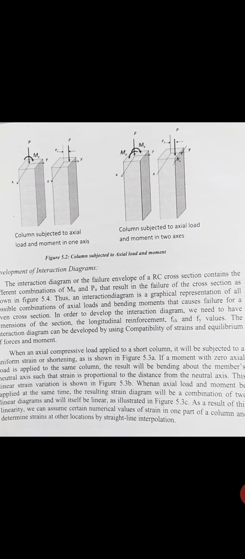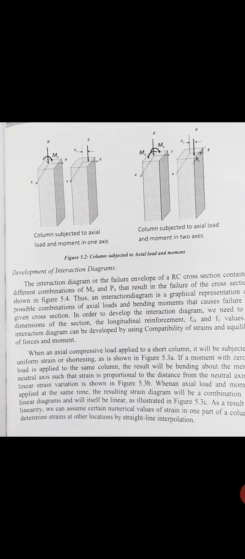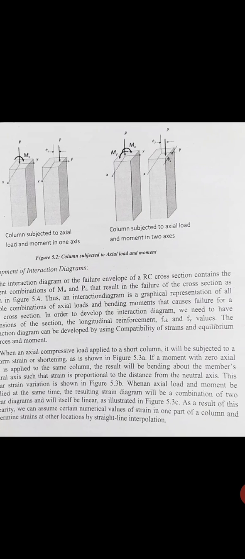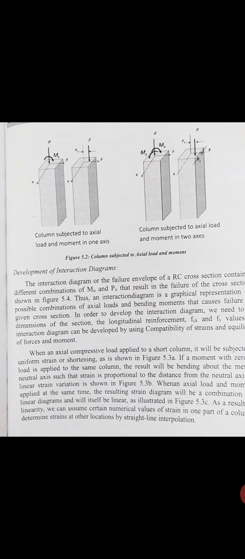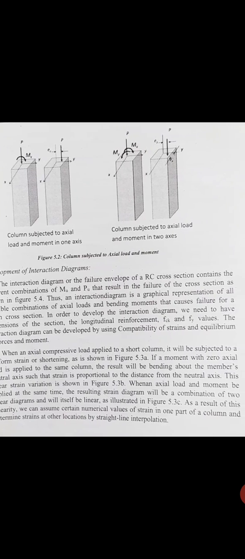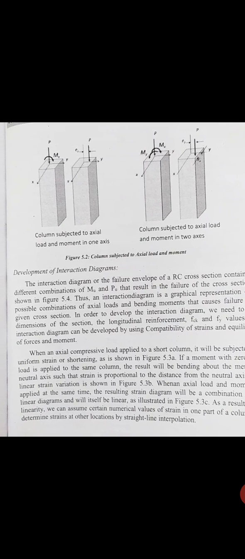In order to develop the interaction diagram, we need the dimensions of the section, the longitudinal reinforcement, and fck and fy values. The interaction diagram can be developed by using compatibility of strain and equilibrium of forces and moments.